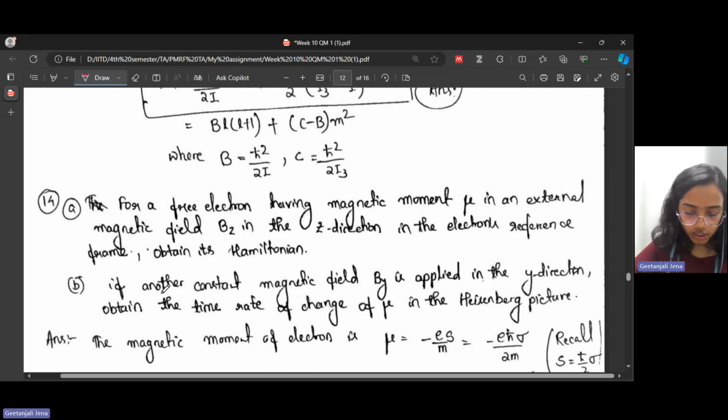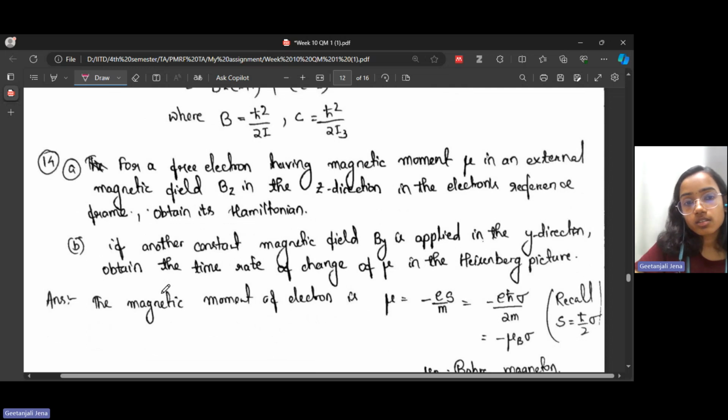Initially the particle is in a magnetic field in the z direction. In the second part, the field is in both the z and y directions, and it asks for the time rate of change of this magnetic moment. Let us see the first part, the Hamiltonian of the system.